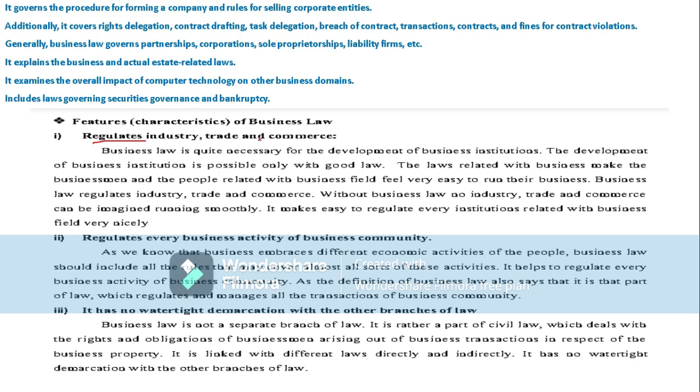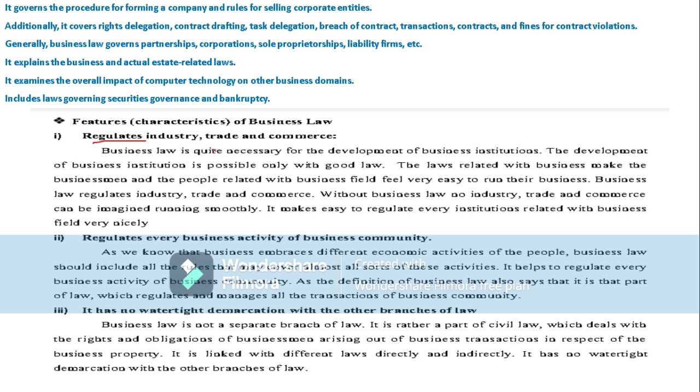Because business people want to run their business smoothly. As these businessmen are related with different business activities with different persons, definitely many issues may rise. In order to settle those issues, and also to avoid raising those issues, these regulations help the business people.